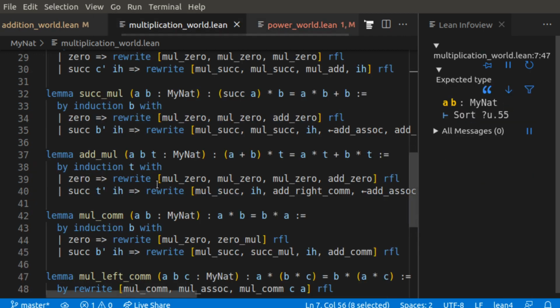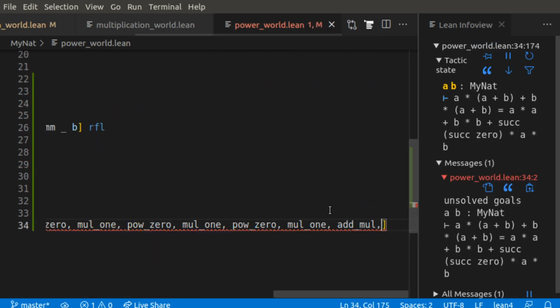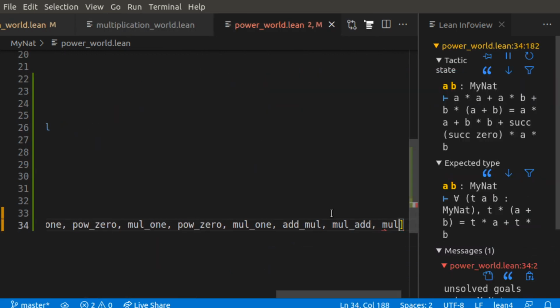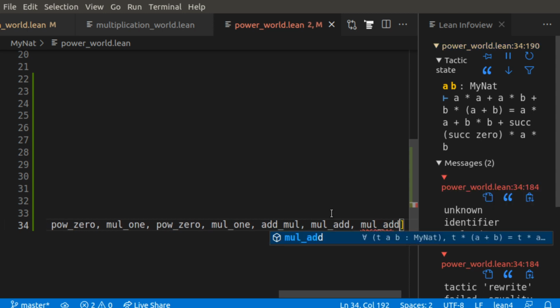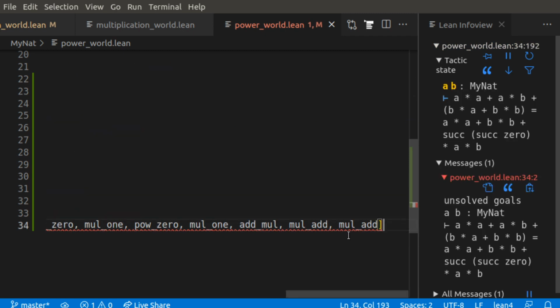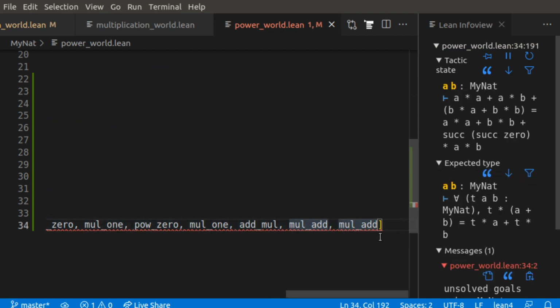Let's check. Do we not have a mol add? No, we do have. Oh, we also have a mol add. Okay, add mol. Mol add. Mol add. Crikey. Okay. This is looking very promising.